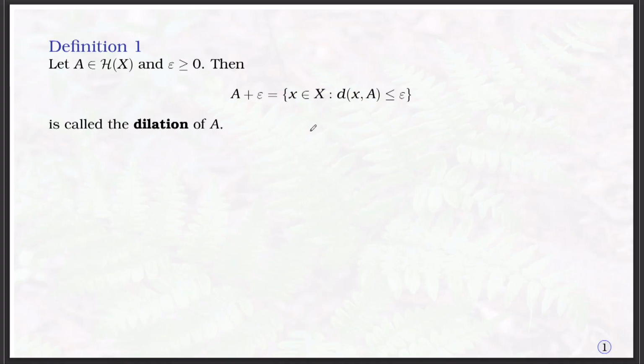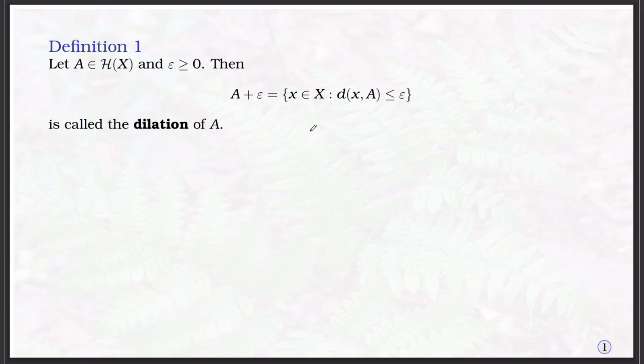That space we are calling the Hausdorff metric space. So, in this lecture we are going to discuss some properties related to the Hausdorff metric space, which help us construct the fractal in the hyperspace with the help of Banach fixed point theorem.